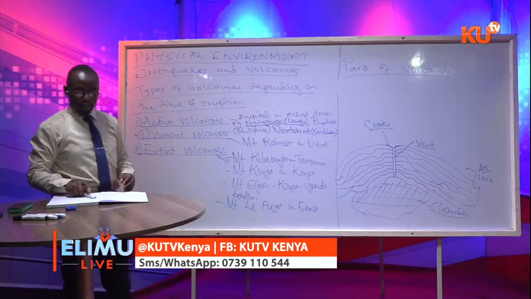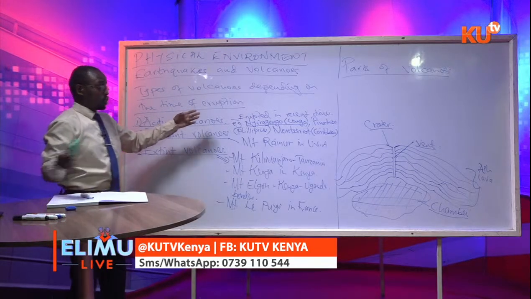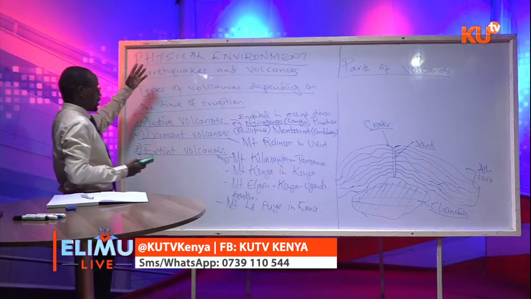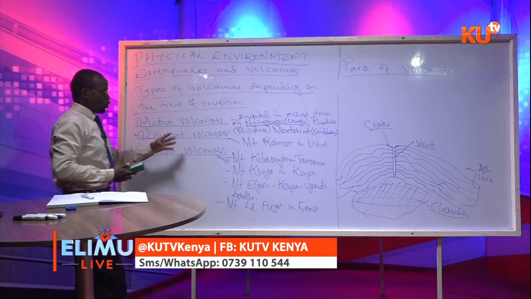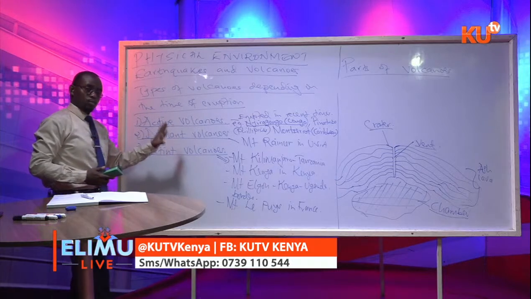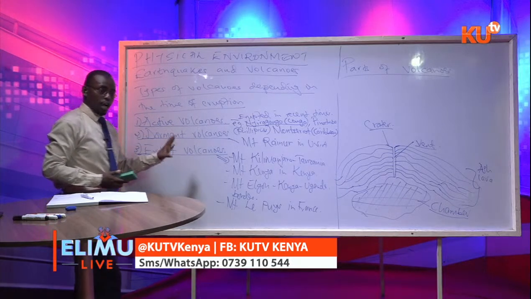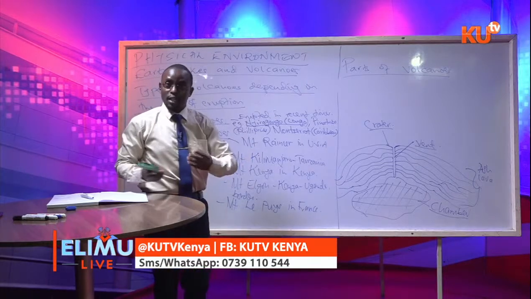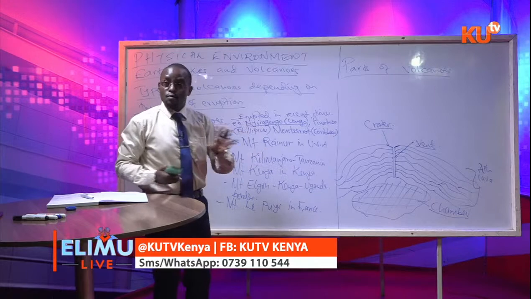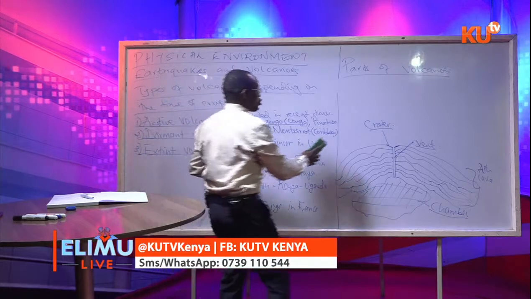So therefore, that is all about the volcanoes. It was just a brief introduction, whereby as we continue, we are going to get deeper and deeper into the details of volcanicity, or just volcanoes and those features that are associated, apart from the volcanic mountains. Let's now move to the earthquakes.